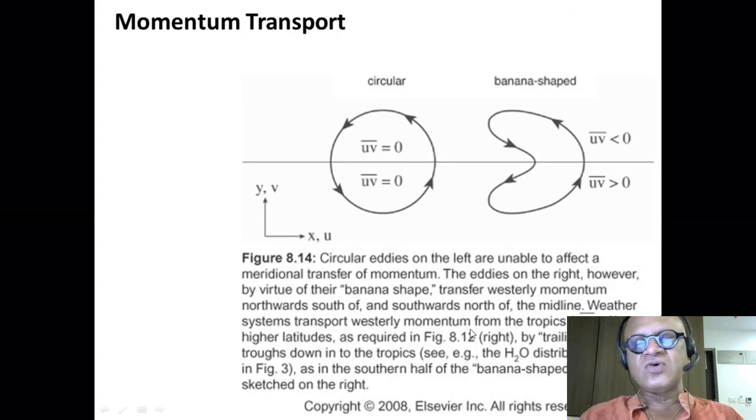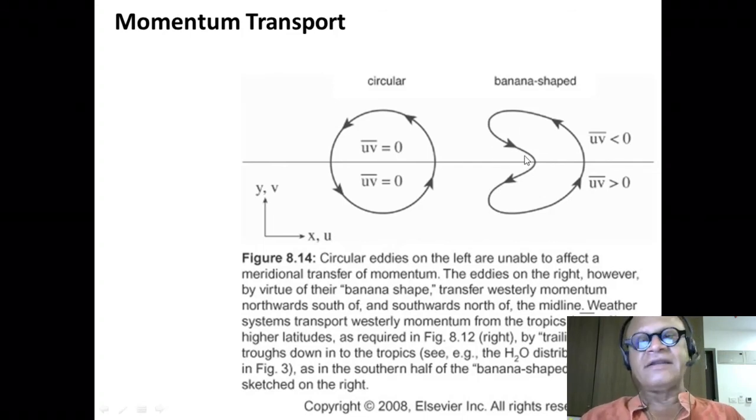Okay, so this means the weather systems can actually have a net transport of momentum across this latitude line if the momentum transport by the eddies is in this kind of banana shape. This is a very simple heuristic argument, but I think it's a very strong argument. It's very intuitive as well.